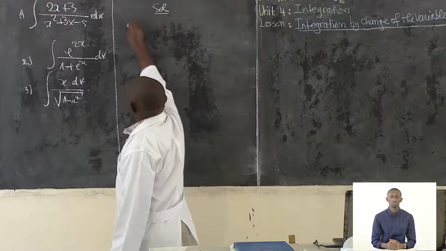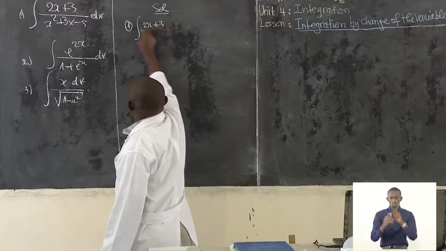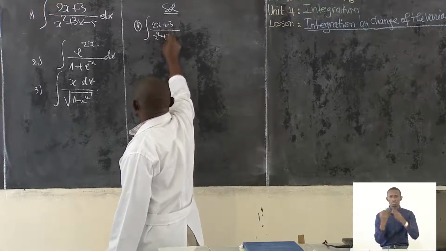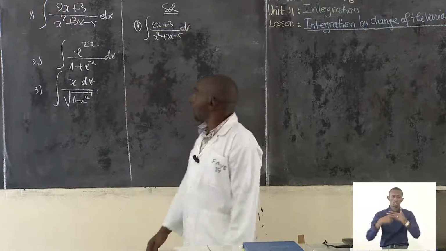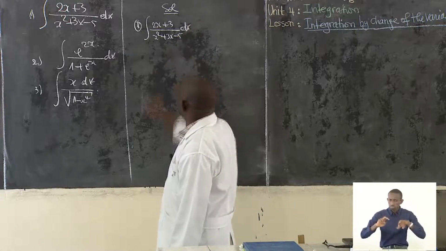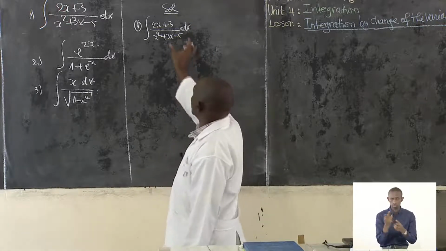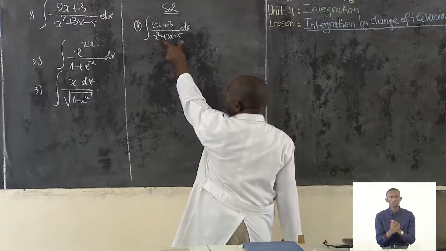Solution. Number 1, integral of 2x plus 3 over x squared plus 3x minus 5 dx. I'm going to make the relationship between this denominator and numerator. So the problem is not 2x plus 3, but x squared plus 3x minus 5.